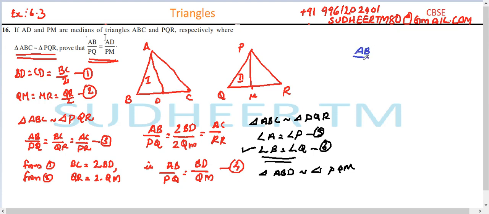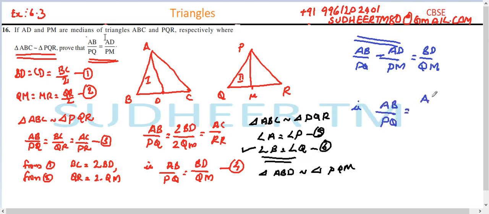So AB divided by PQ is equal to these two sides, AD divided by PM, which is equal to BD divided by QM. Anyway, we want the first two terms, that is, we have proved AB divided by PQ is equal to AD divided by PM.